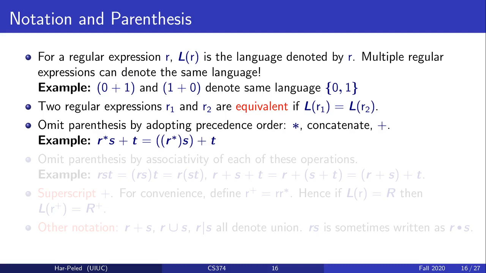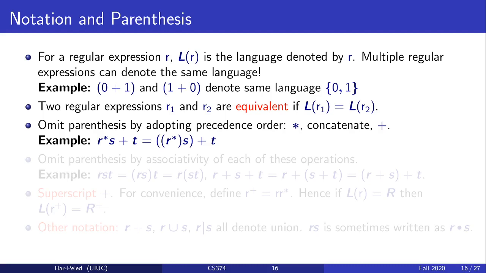Okay, now to keep things easy to read, we're going to omit parentheses pretty aggressively. So the idea of using all this notation is that we are going to write regular expressions the same way that we write arithmetic expressions, right? So multiplication is going to be concatenation, plus is going to be OR, power is going to be the same as concatenation repeated the specified number of times.